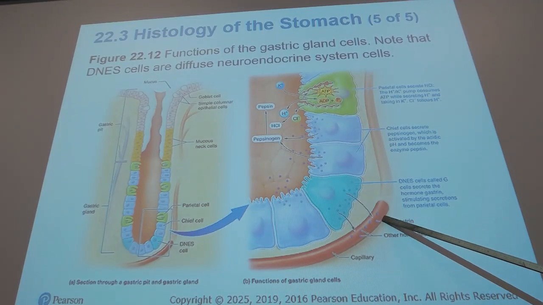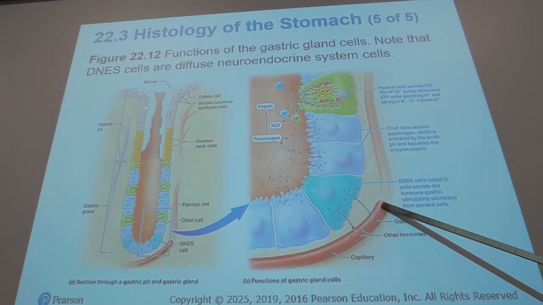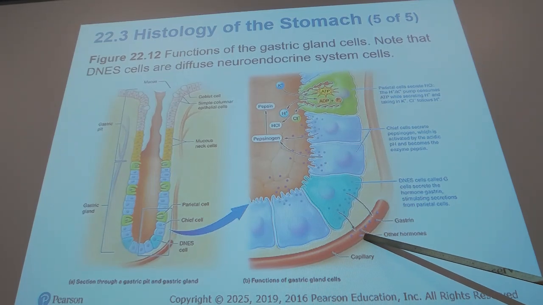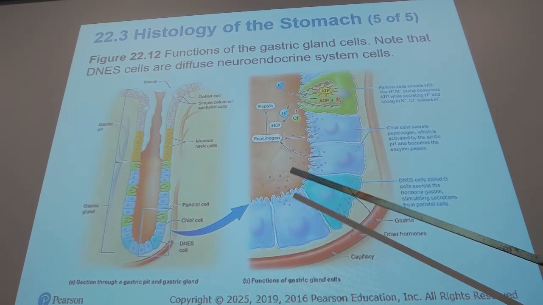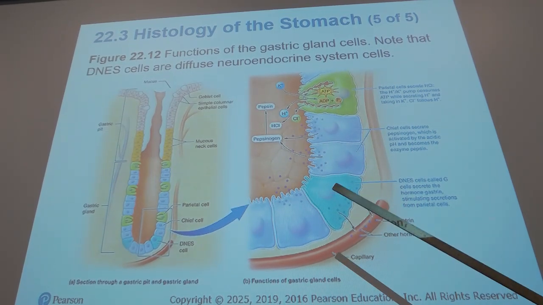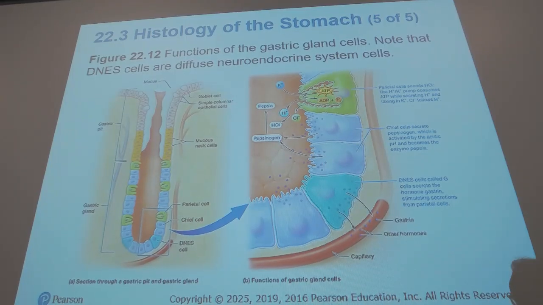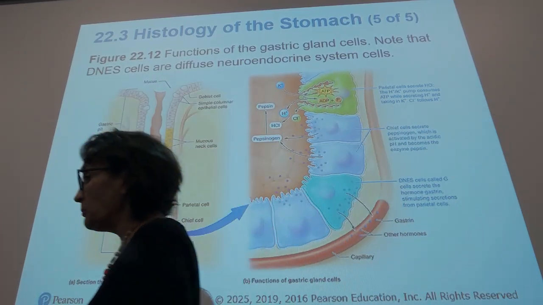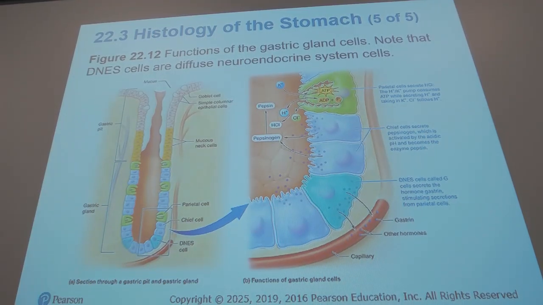So gastrin goes into the bloodstream together with other hormones, and then you can stimulate the movement of the stomach.